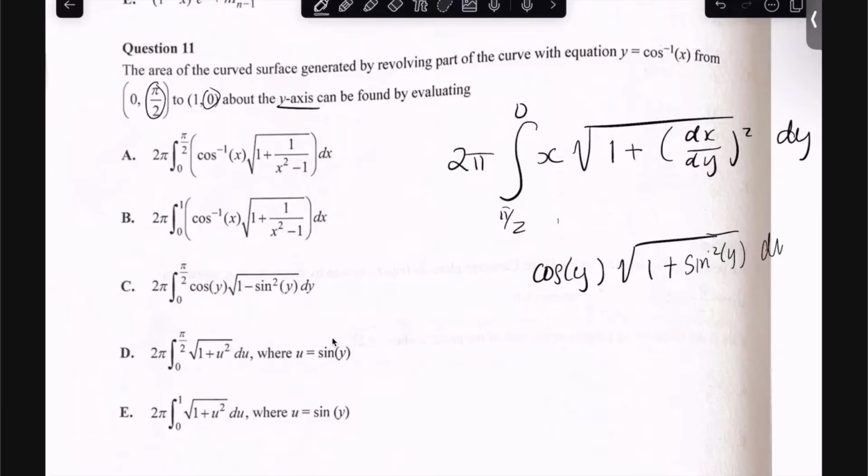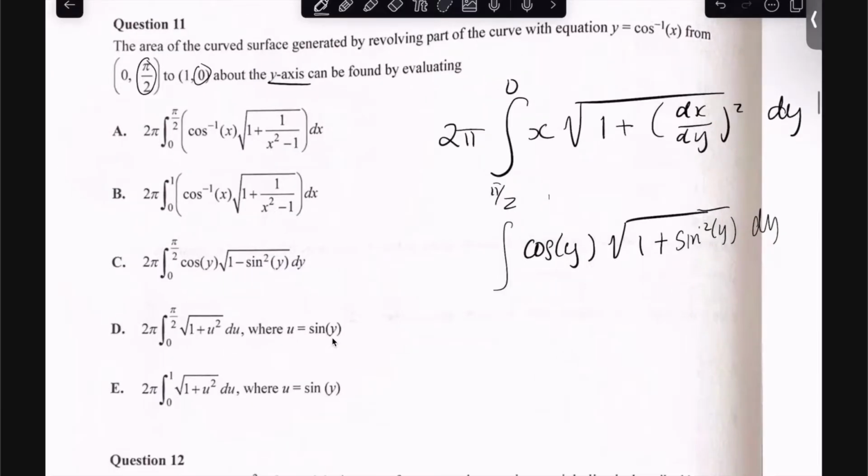And that's dy. Now, that's the integral from pi over 2 to 0 of 2 pi. You can automatically eliminate these because that's just wrong.